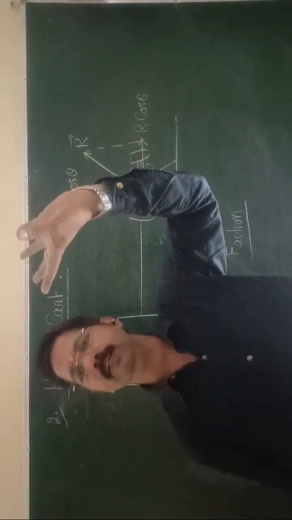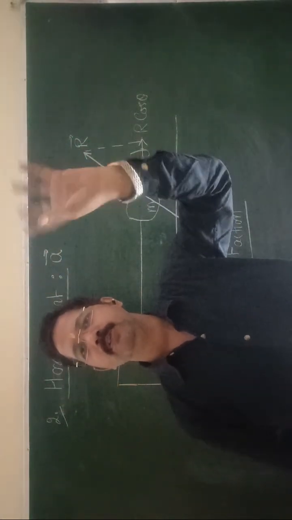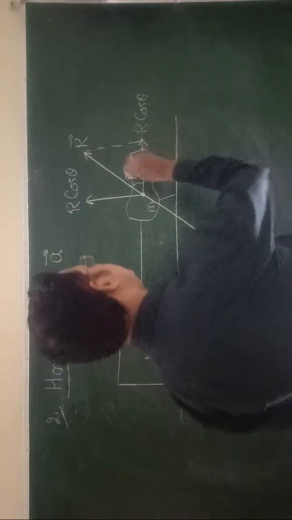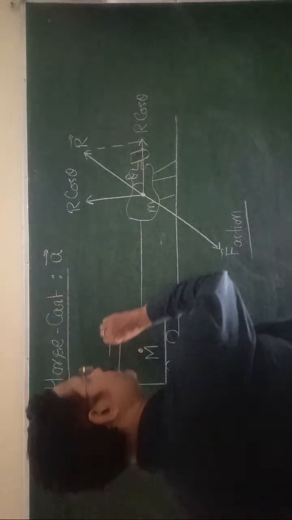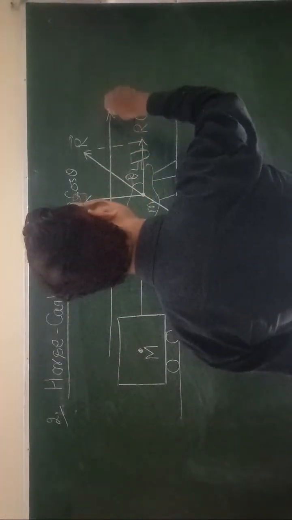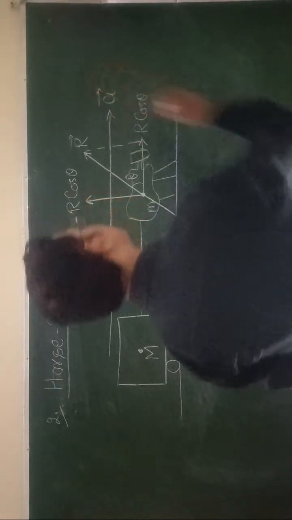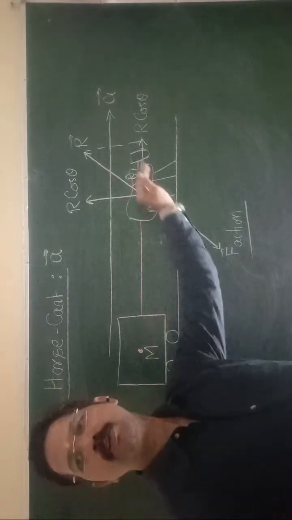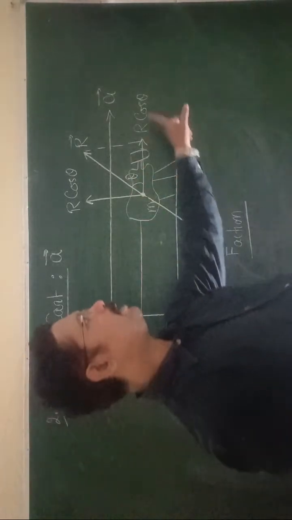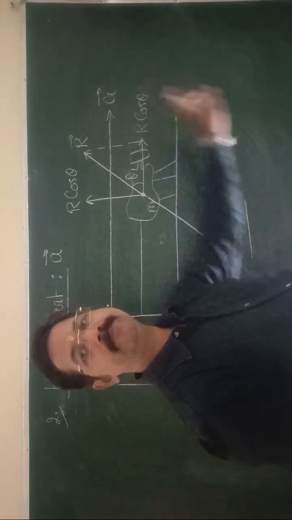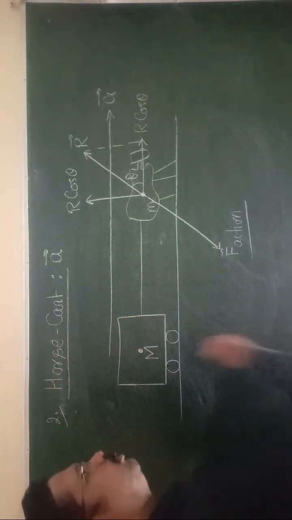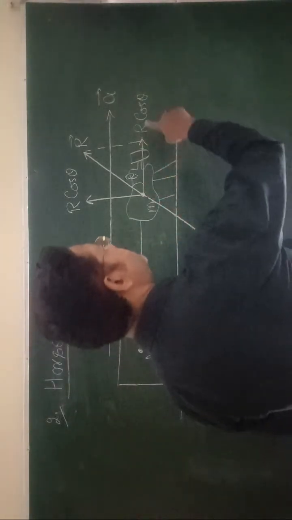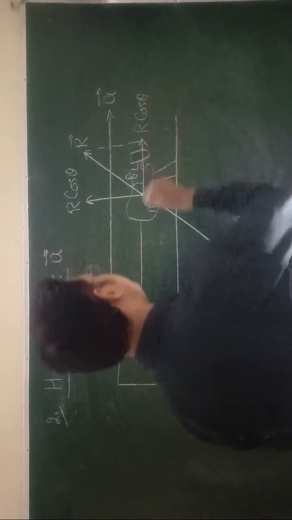If apply a force on the fan wing, so fan also rotates. So this gives the same acceleration of this horse, acceleration of this car is common, same by the force applied in the horizontal direction R cos theta. So both have same acceleration, and this force is acting in the horizontal.